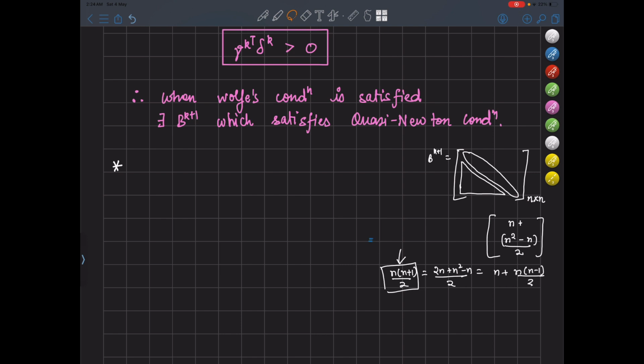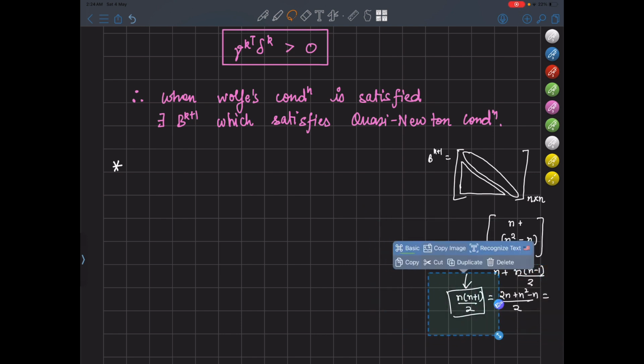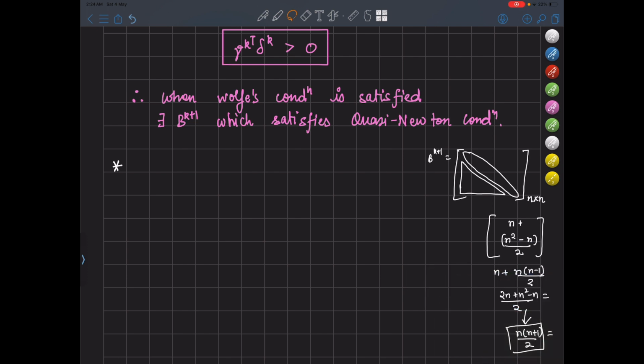All right, so n(n plus 1) by 2 variables, because bk is symmetric.